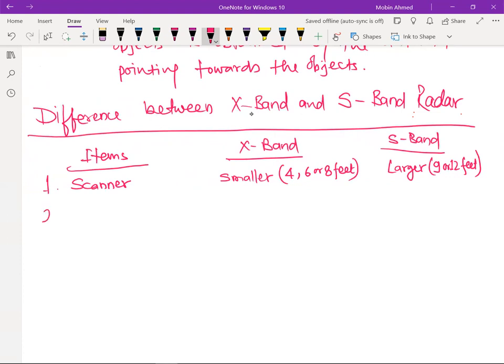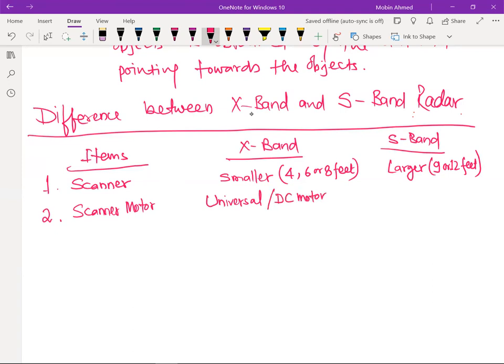Now next, scanner motor. This motor depends upon make and model, but for X band generally it is a universal motor they are fitting, or a DC motor.